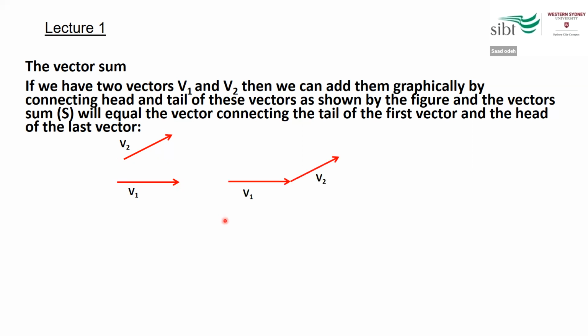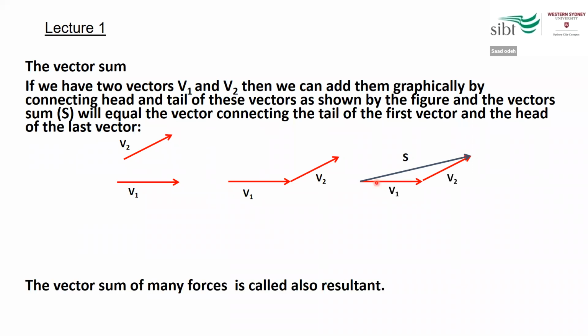Now these two vectors are connected to each other. To find the resultant, I just need to connect the tail of the first one, V1, with the head of the second one, V2. In the final form, it will look like this. So S represents the resultant of these two vectors.